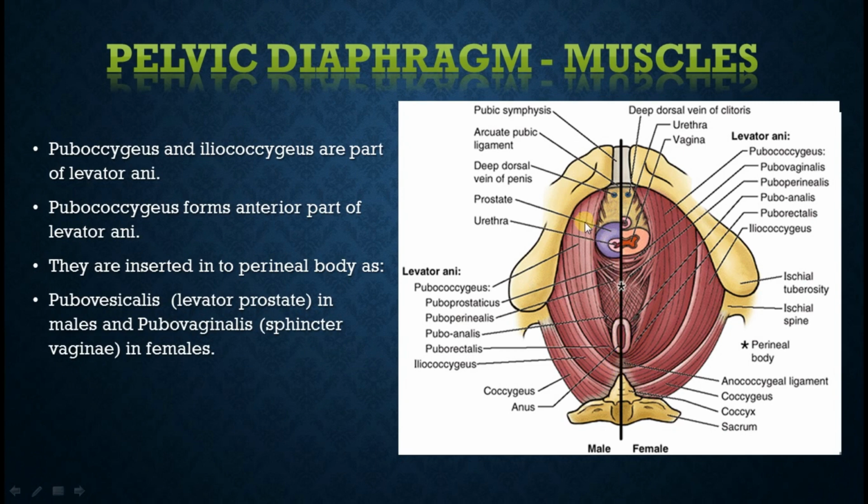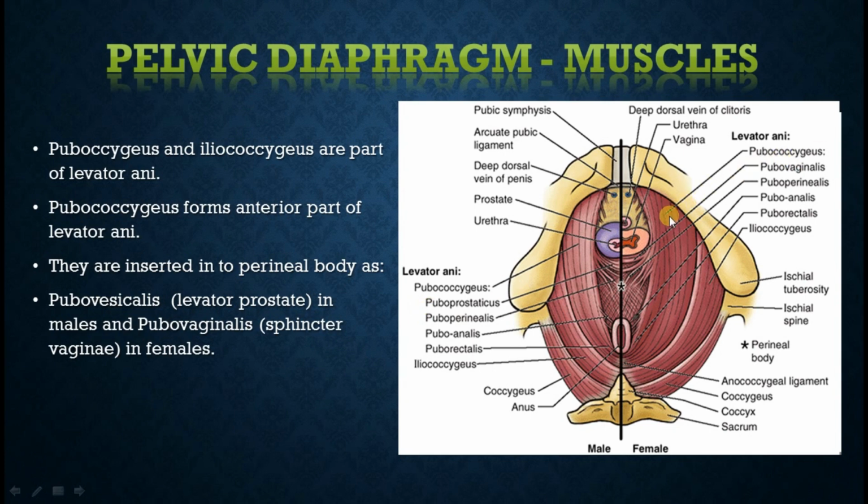In case of males, it passes by the side of the urinary bladder and prostate as the levator prostate. And some of the fibers are attached to the wall of the vagina as the pubovaginalis muscle.